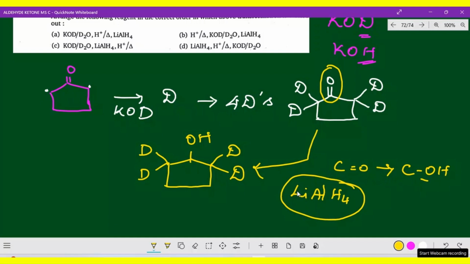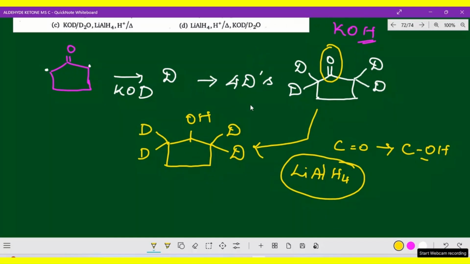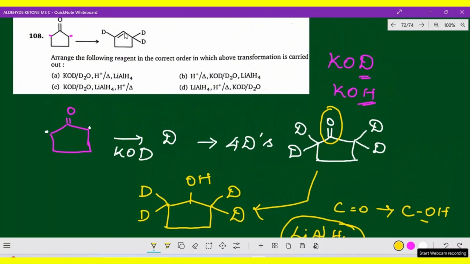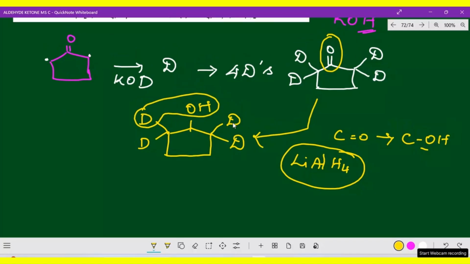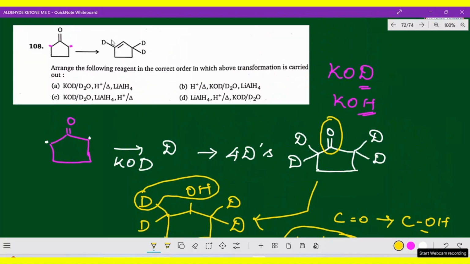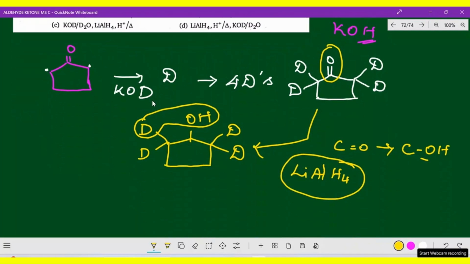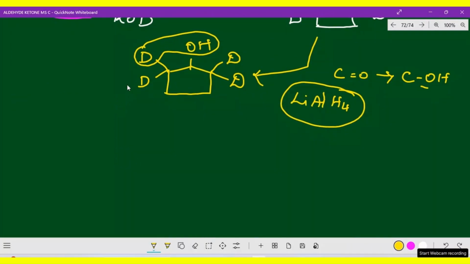Next, with H plus ion you convert this transformation. What is the transformation? Here it actually releases a water molecule. Here D is there, no? So you will be releasing the water molecule HOD, right? That means H2O, that is what I just mentioned, HOD.